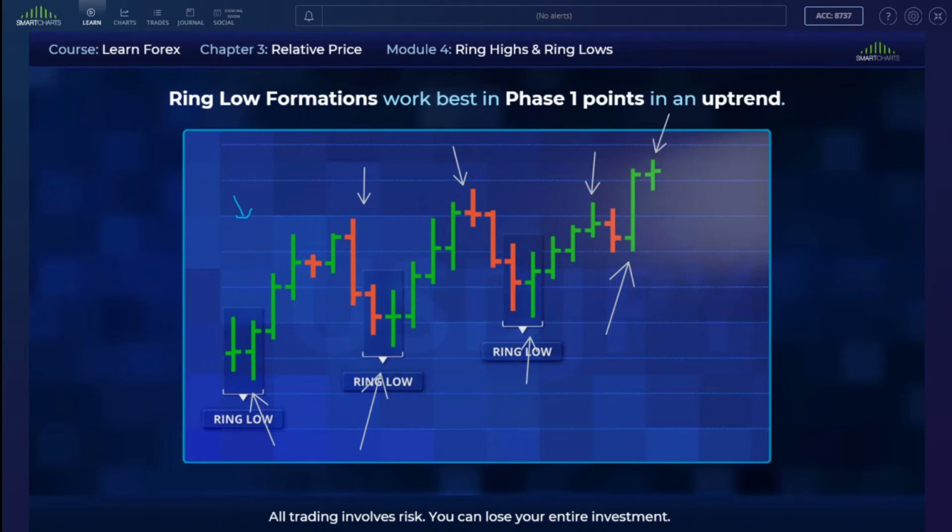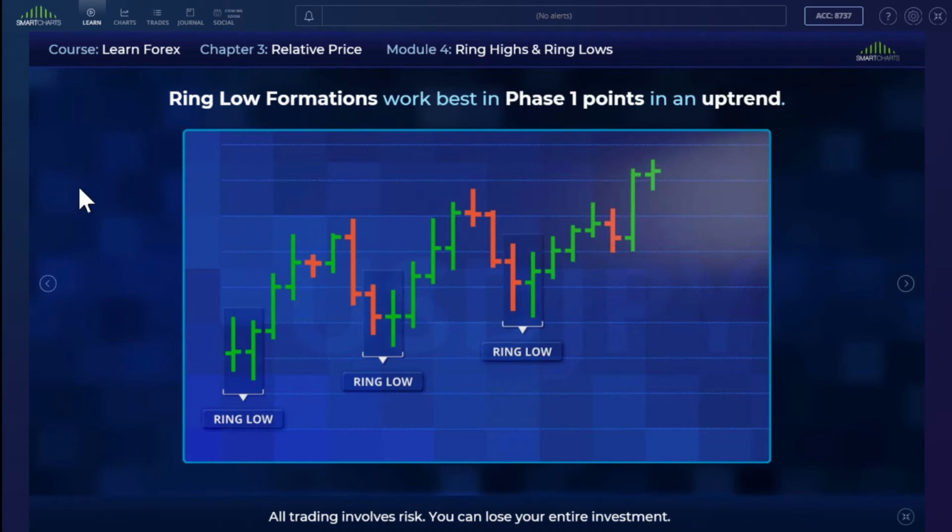A completed ring high is when the next candle, which would have to be a bearish candle, breaks the low. When it breaks the low, that would be a completed ring high formation, and it would be a confirmation that the trend will be turned into a corrective phase rather than an impulsive or bullish phase, in this case, because the trend is actually up.